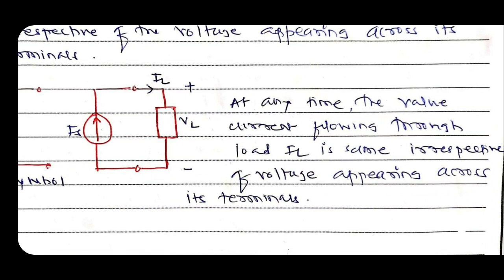At any time the value of the current flowing through the load, here we have connected one load, VL is the voltage at the load, IL is the current through this load. So this IL remains the same through this load irrespective of the voltage appearing across its terminal.